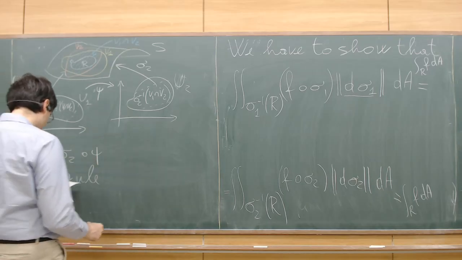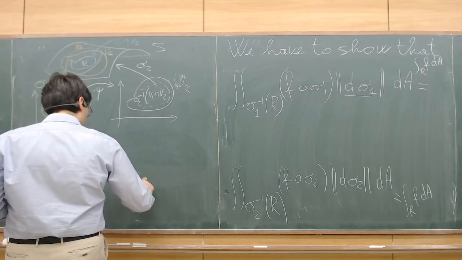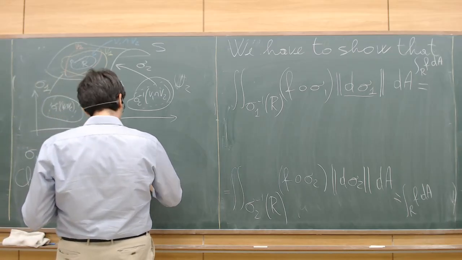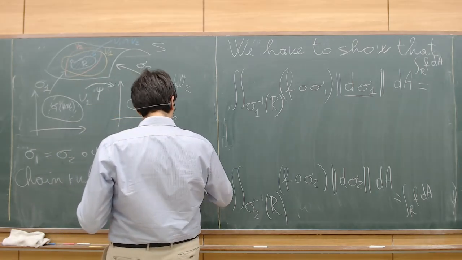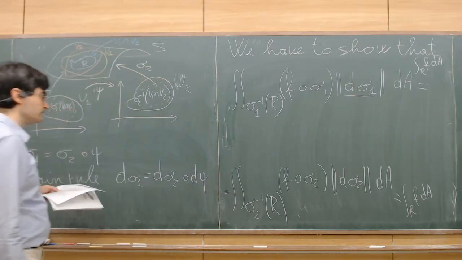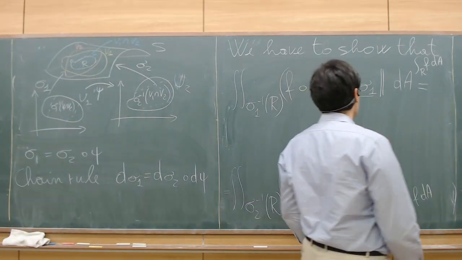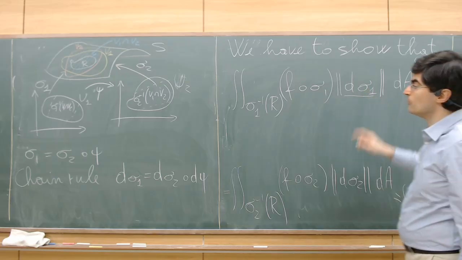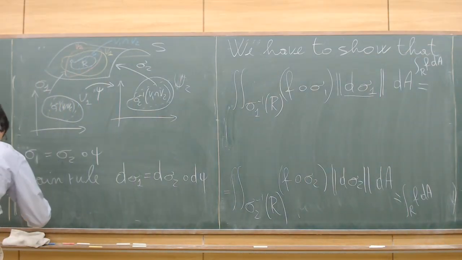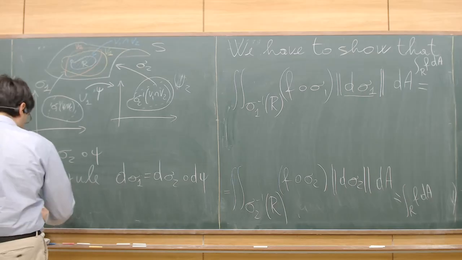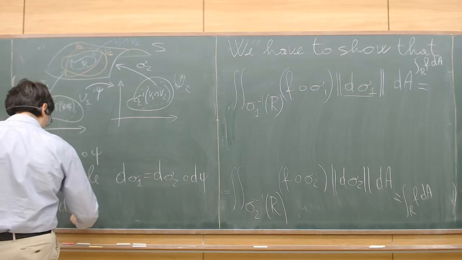So precisely you have that d sigma 1 is equal to d sigma 2 composed with d psi. Now in this formula we have the area distortion of d sigma 1. So the area distortion of d sigma 1 is equal to the area distortion of this map.